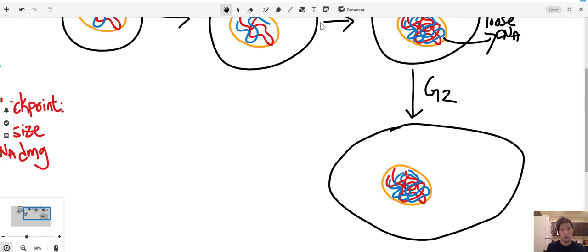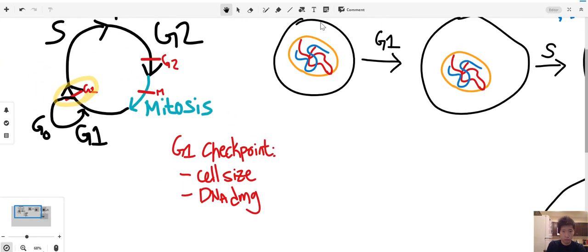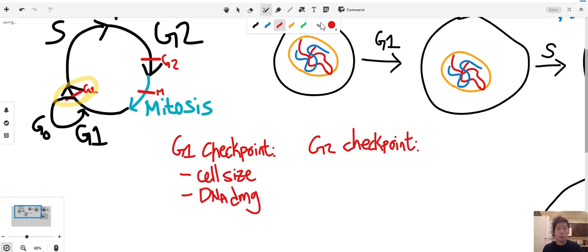So let's go look at the next checkpoint here. So the next checkpoint, so we just finished G2. We're going to pass through the G2 checkpoint here. The purpose of the G2 checkpoint is mainly to check for DNA integrity. Okay?